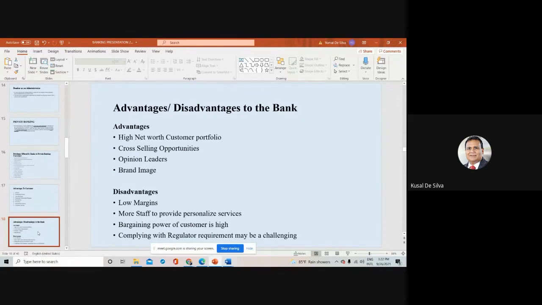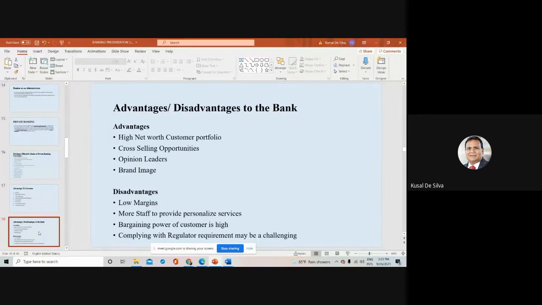So when they use them, your brand, your image, your logos will be known to others as well, and they will also feel very proud, and they will defend the bank sometimes in other forums where some others may challenge. So these are the advantages of having this kind of segment.